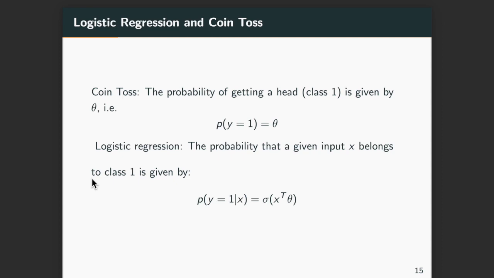So these two lines are fairly similar, but theta occurs in different ways. In logistic regression, theta occurs firstly multiplied by x transpose. After that, you have to apply the non-linear activation to get something between 0 and 1. Whereas for coin tosses, you directly use theta.